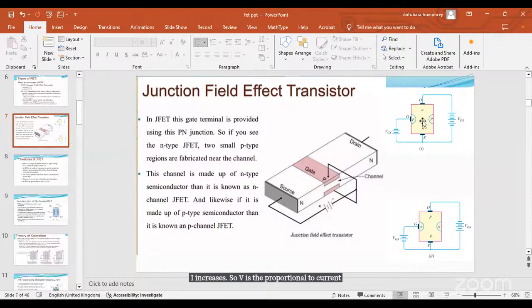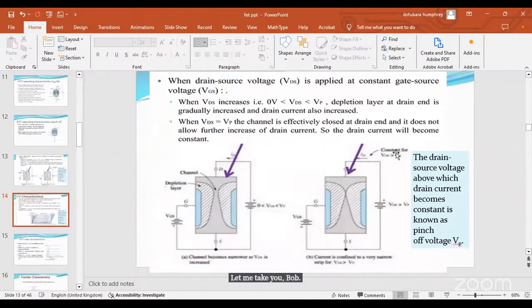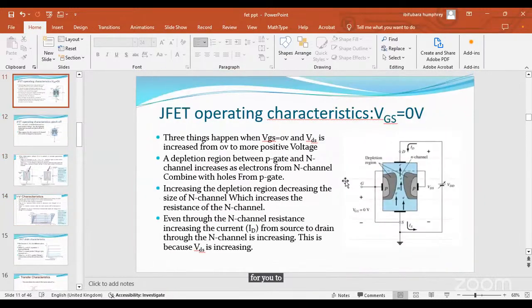If we remove the proportionality sign, let me take it back and just put a formula there for you to see what I'm trying to explain. So we have V directly proportional to I, according to Ohm's law.